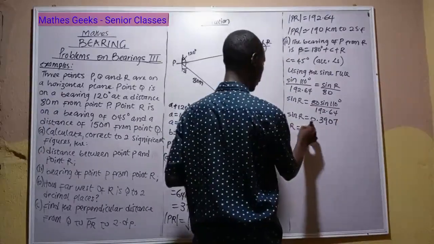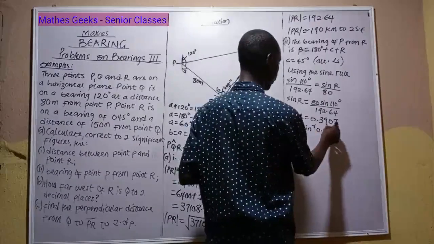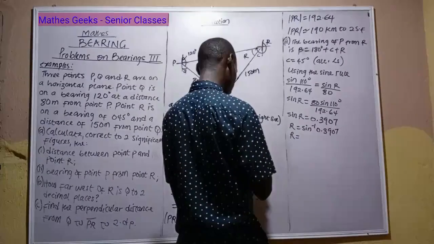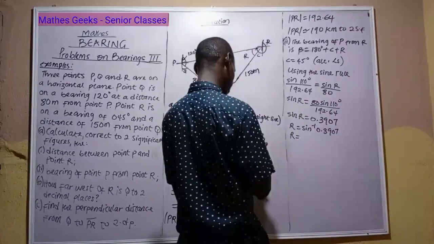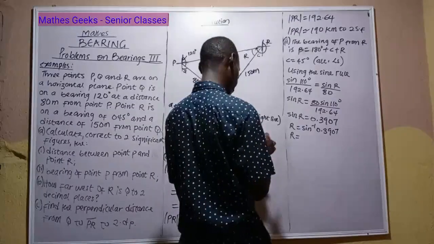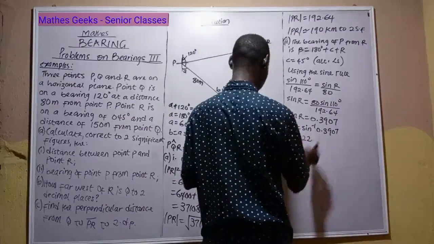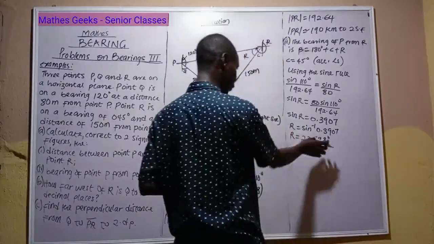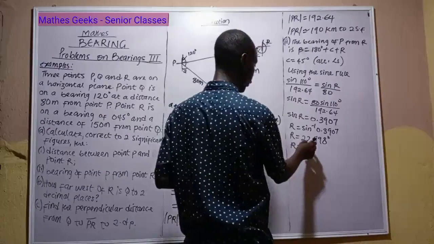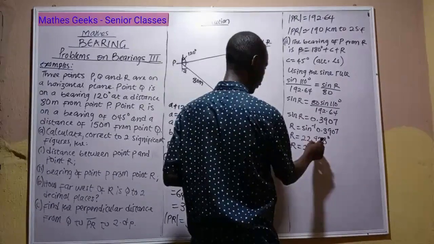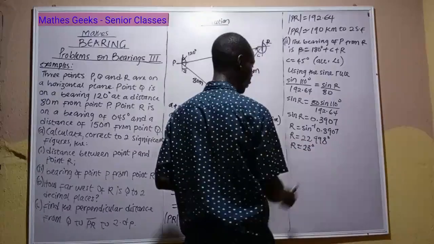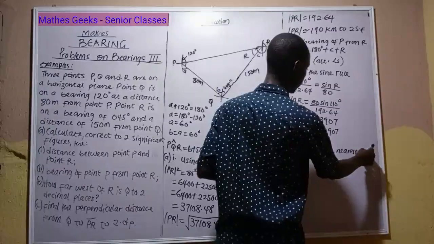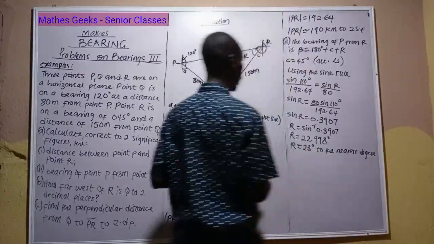So R is equal to arc sine 0.3907, which is 22.998 degrees. Our angle cannot be like this, so that will give us 23 degrees to the nearest degree. So that's R.